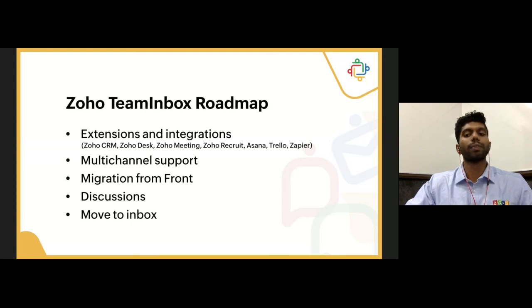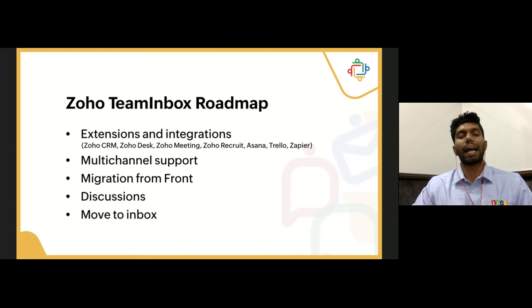And you would have seen from the demo how Zoho TeamInbox brings all your group emails and personal emails to be accessed from the same platform. Now we are working on another thing called multi-channel support, where you can access all your messages from instant messaging platforms like WhatsApp and Telegram right inside your Zoho TeamInbox.